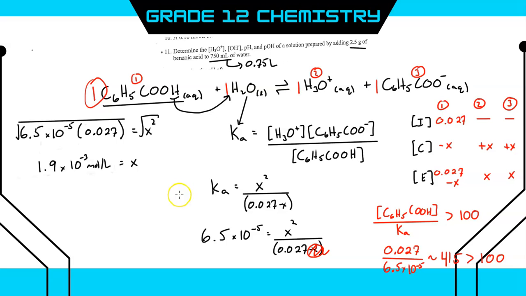So what does that tell us? Well, we can go back to our equilibrium concentrations here, and subbing in for X, we can figure out the equilibrium concentrations of whatever we want.